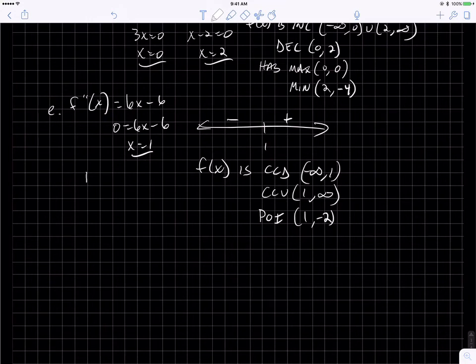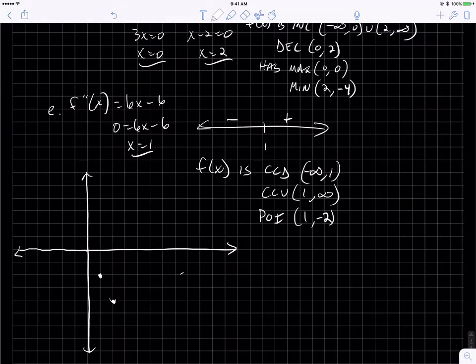And now it's time to graph. I've got (1, negative 2) as a point of inflection. I've got (2, negative 4) as a minimum.